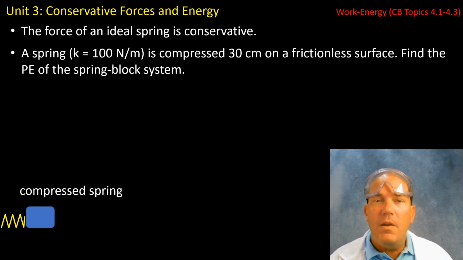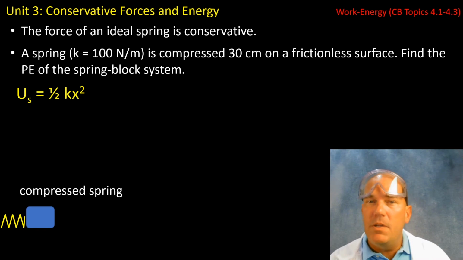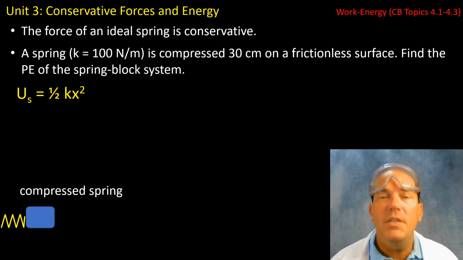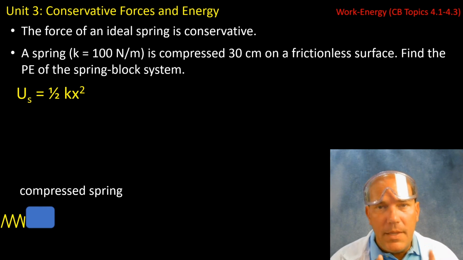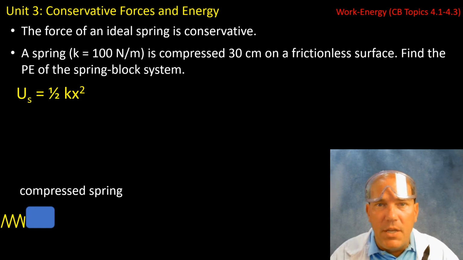Okay. Well, we have our compressed spring here, and referencing your equation sheet, we know that the potential energy of a spring, or the elastic potential energy, is equal to 1/2 kx squared. Remember, the x is referencing the extension or compression of the spring.